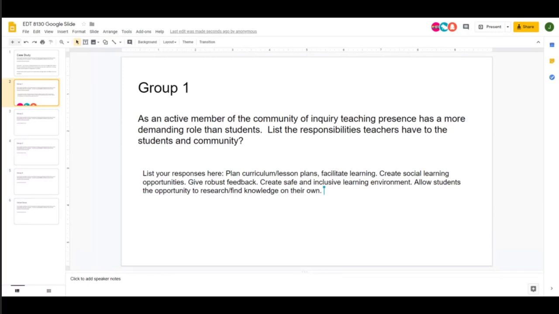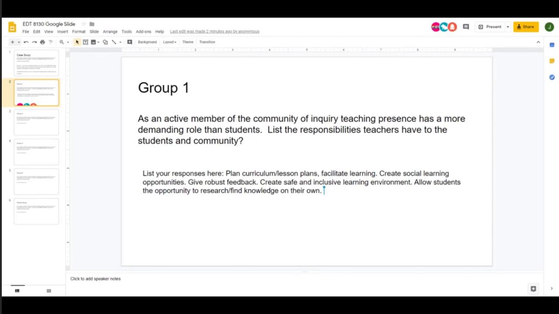So several of the teachers' responsibilities to students and community would include planning the curriculum and lesson plans for the class and facilitating the learning, being that learning community leader essentially, creating social learning opportunities for the students so that it's not all just individual, giving students robust feedback, creating safe and inclusive learning environments, and then allowing students the opportunity to essentially gain their own knowledge and learn on their own as well.